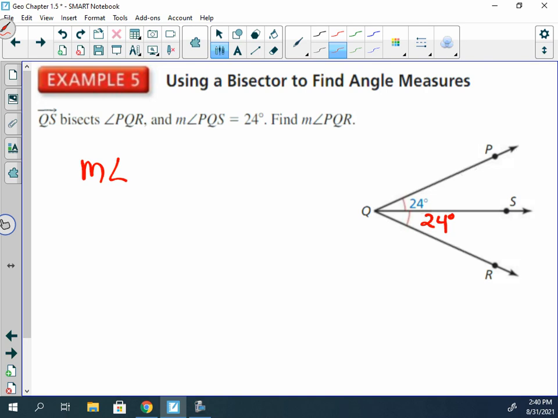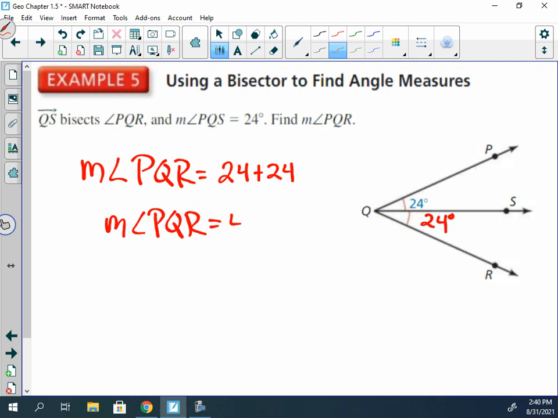So that means that the measure of angle PQR, the whole thing, would be 24 and 24, which would be 48. Because we just double that angle, because they're both going to be the same, so we can add those two together.